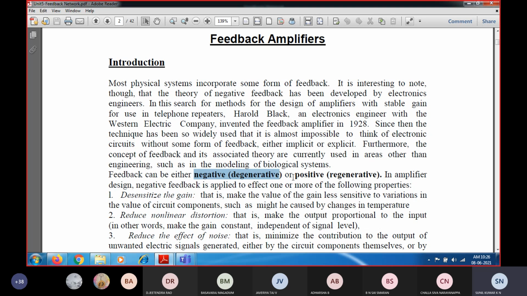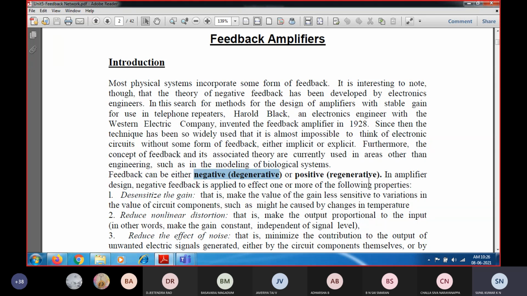And the feedback can be of a positive type also. We will see an example in the operational amplifier, which we will be doing in module 4 and module 5, in which we are going to see positive feedback. You might have observed the Schmitt trigger circuit, the mono 555 timer circuits and all, which we will be conducting in the lab as well.